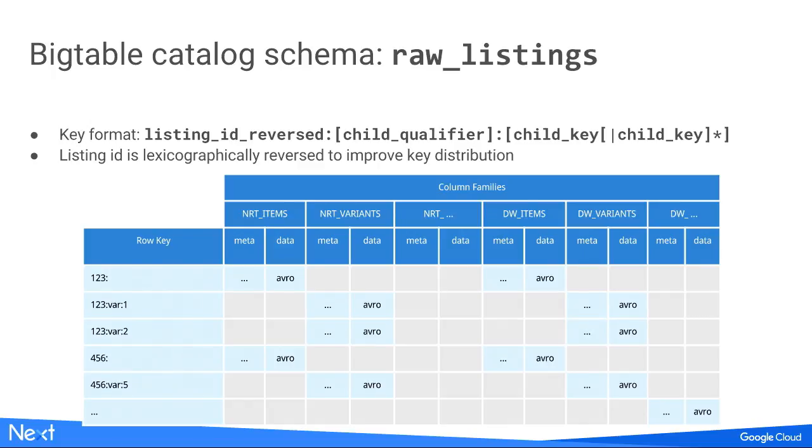So we prefix the key by the listing ID. Then we put a colon, the qualifier for the kind of child we are writing, then another colon, and then the identifier for that child. And if you have grandchildren, we'll keep appending to the key.